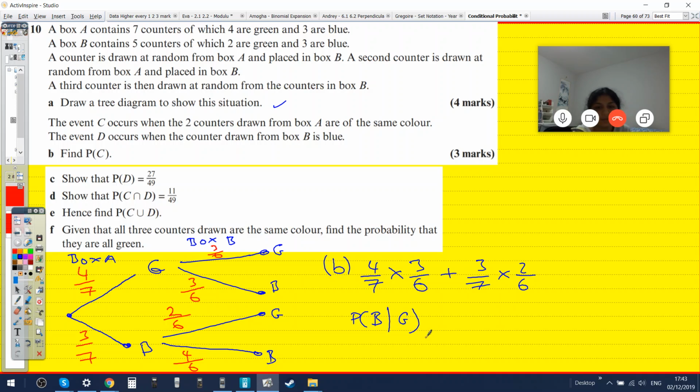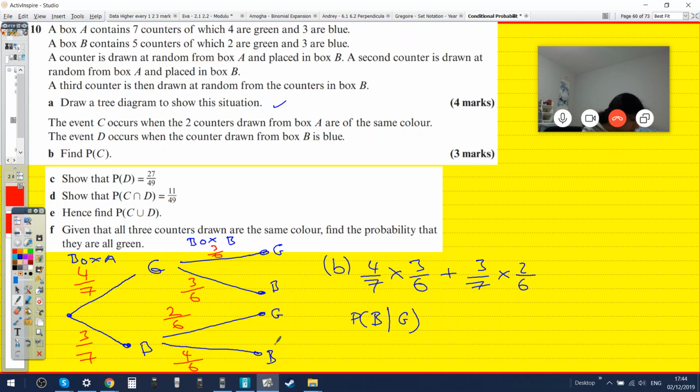That would not be blue given green. So it would just be 3/6 then. Wait, no. It wouldn't be 3/6. It would be 4/7 times 3/6 over 4/7.